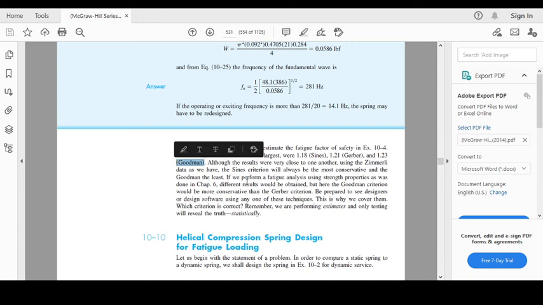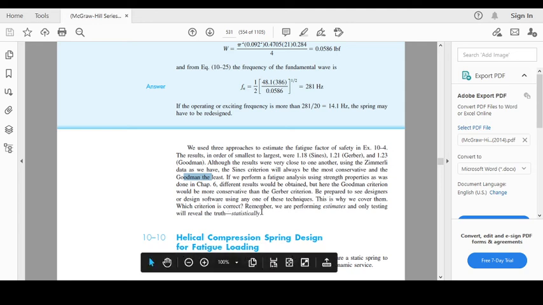Although the results are very close to one another, using the Bali data, the Sines criterion is always the most conservative, and Goodman the least. If we perform the fatigue analysis using strength properties as we did in chapter 6, a different result will be obtained. Here the Goodman criterion will be more conservative than the Gerber criterion. Be prepared to see designers or design software using any of these techniques. This is why we cover them.